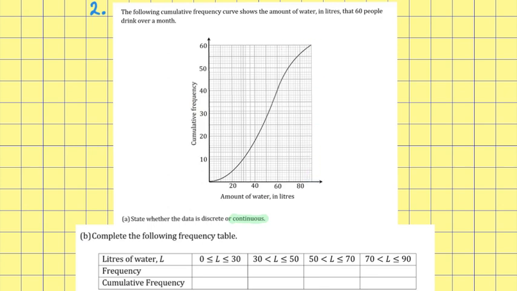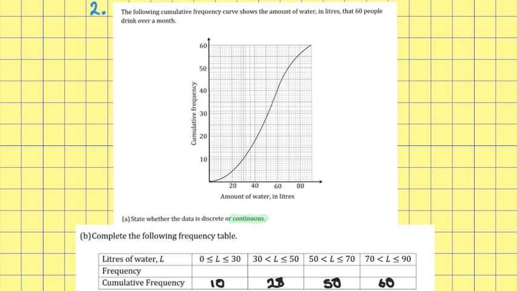So looking at the graph, the cumulative frequencies are 60, 50, 28 and 10.